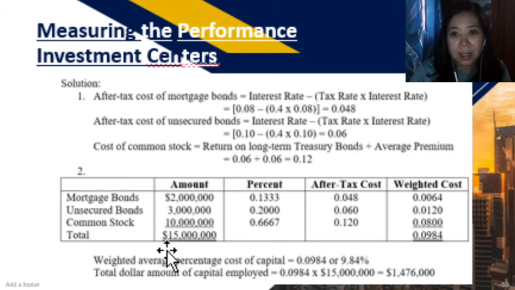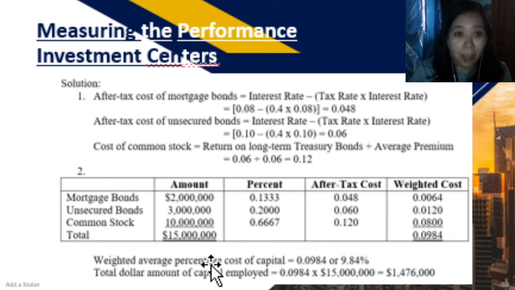Next, to get the weighted average cost, we will use this table. We have here the amount for each source. The percentage comes from dividing the amount over the total value of the financing.